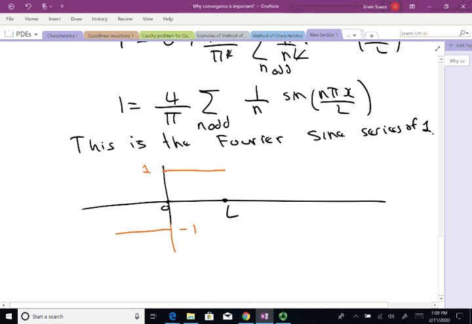This is minus L. Because it's a Fourier sine series, this is my odd extension, so it extends periodically, like this, and so on, extended periodically.